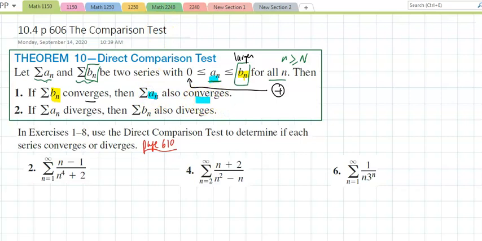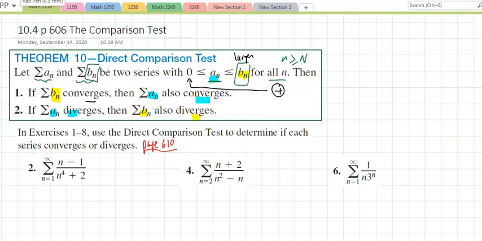Hopefully that makes sense. If the higher function converges, it converges anything beneath it, and vice versa. If the smaller diverges, if what's smaller is going to approach infinity, then anything above it will approach infinity.